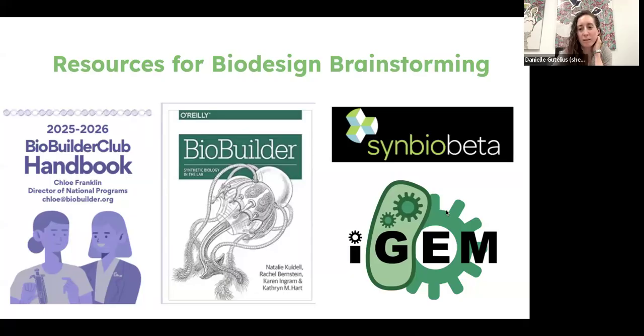And you can also look at what's already been done and build off of that. You don't have to come up with some completely novel thing. Obviously, there are countless papers out there on trying to tackle the plastic pollution problem, right?